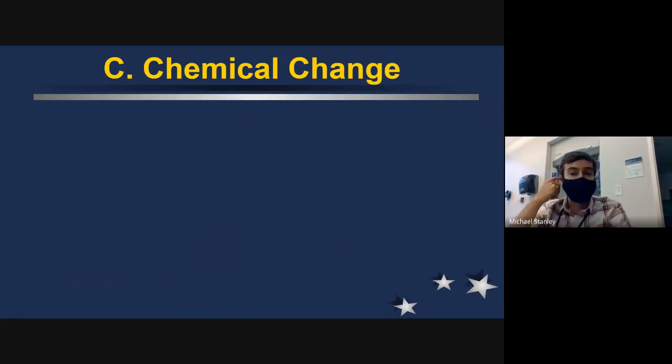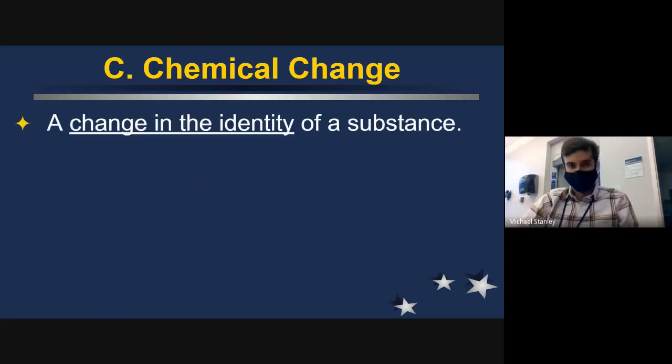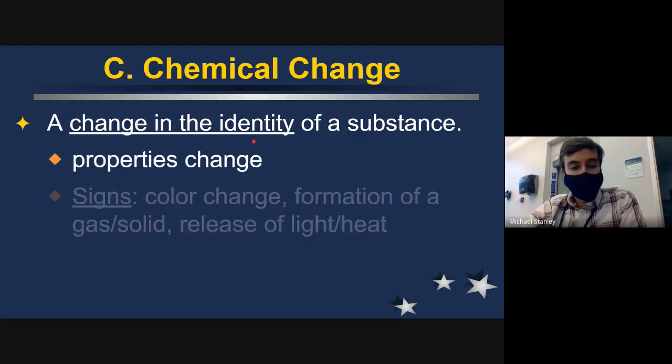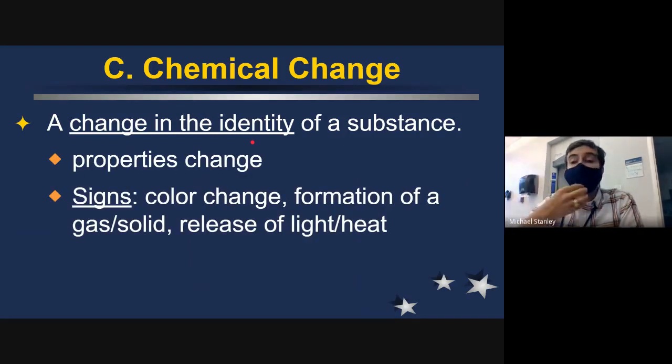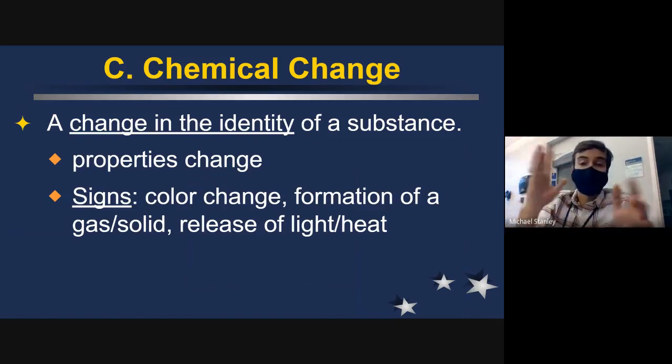Also sometimes called chemical reactions, and we'll talk in more specifics about these later on in the school year. But in a chemical change, we do change the identity of the substance. We start off with one substance or one set of matter, and we end up with something new, something different, something that was not there before.